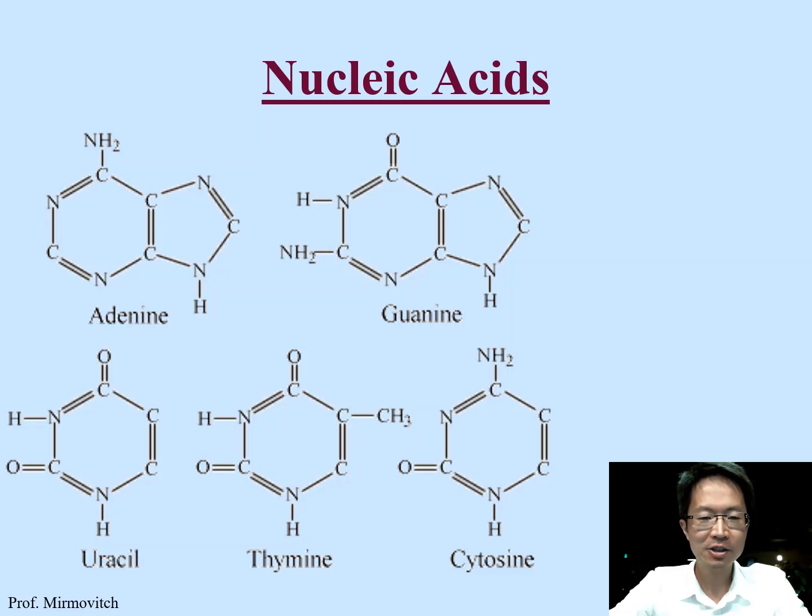Okay, these are the structures of adenine, guanine, uracil, thymine, and cytosine. As you can see, adenine and guanine have a similar structure. That's why they belong to purine. Let's draw a line here.